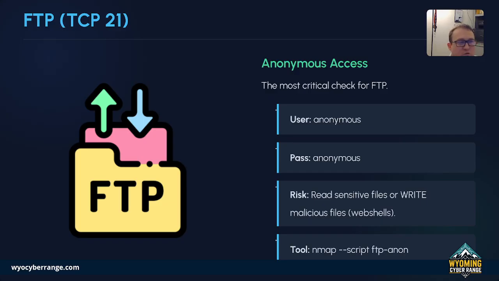FTP is one of those tools that, if not used properly, can easily be broken into. FTP itself is also plain text, so that's why we normally don't use FTP. But the Nmap script ftp-anon will look for any FTP servers out there on your subnet and determine whether or not it can log in through anonymous access.